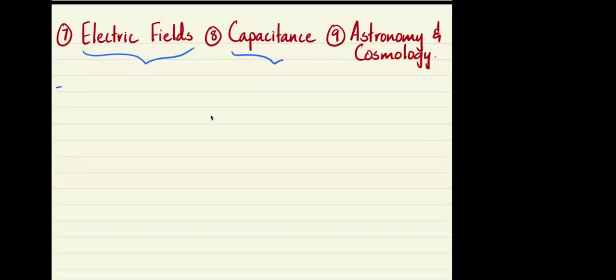Capacitance is not really difficult, but the graphs in recent times have been quite tricky in terms of the ln and the capacitor discharge. You should also understand its applications in smoothing circuits. And then you have astronomy and cosmology, something which you would normally treat as an easy topic, but in the recent papers these chapters have also really stepped up in difficulty.